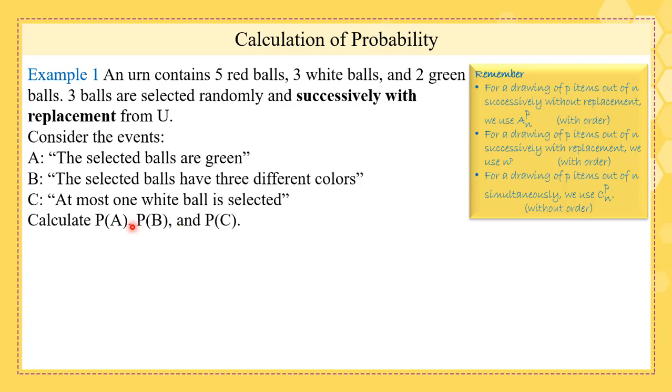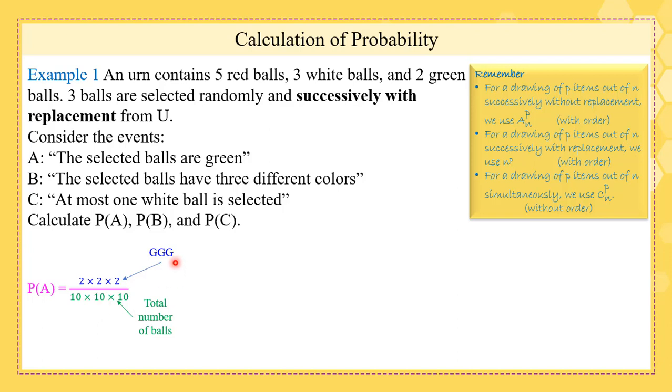Let's begin with the probability of A. For A, the selected balls are green. So we need to select 3 green balls from this urn. So the selection would be green, green, green over the total number, and the total number in this case is 10, 10, 10. As you notice here, the total does not decrease.